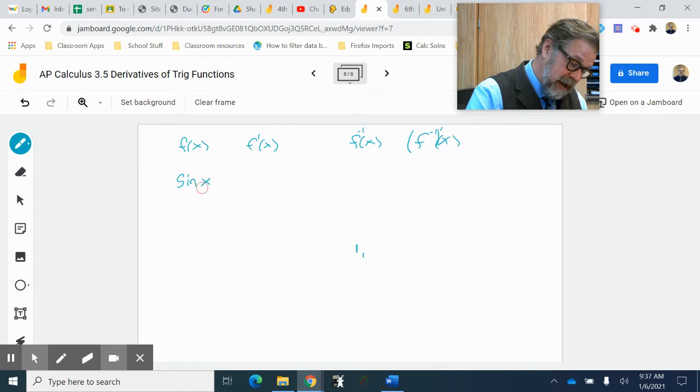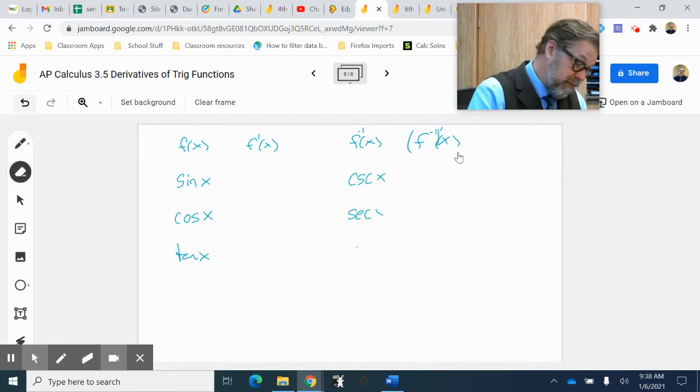We got sine, we got cosine, we got tangent, we've got cosecant, we've got secant, and we've got cotangent. The derivative of sine is cosine.